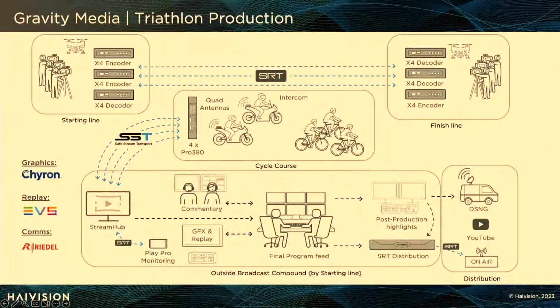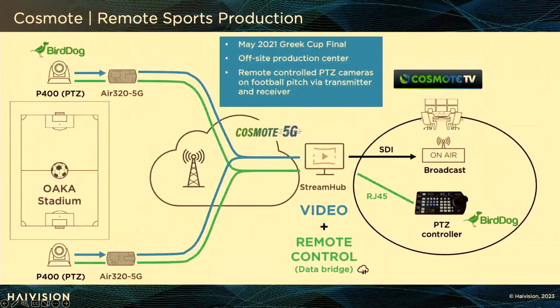So they combined all the Haivision technologies here, with Makito X fixed encoders at the start and the finish over landline internet, and bonded cellular mobile encoders on the bikes. All the feeds were received remotely in a remote studio. The production was done there, and then it was SRT distribution over IP and satellite distribution over satellite, obviously.